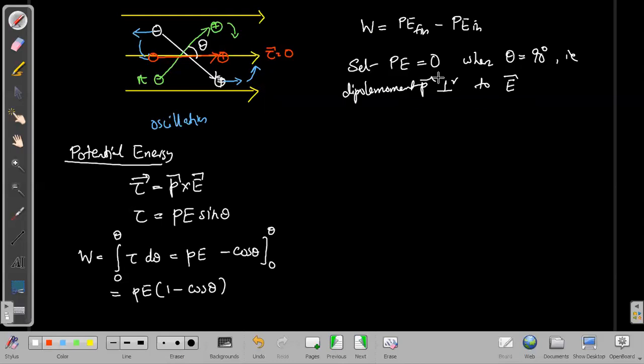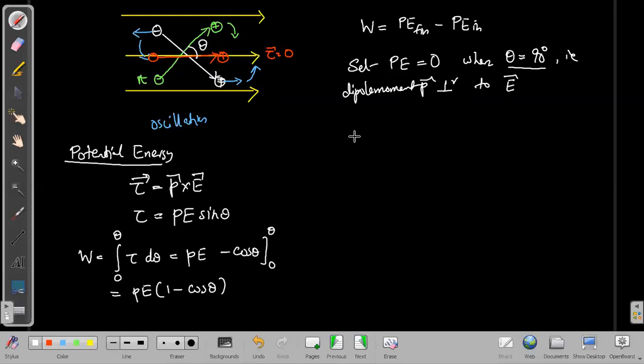Similarly, here we have a choice. Either you can choose theta equal to 90 degrees as the zero potential point, or theta equal to 0. Since our textbook chooses theta equal to 90 degrees as the zero reference point, I am choosing the same reference. If you want, you can do it some other way.